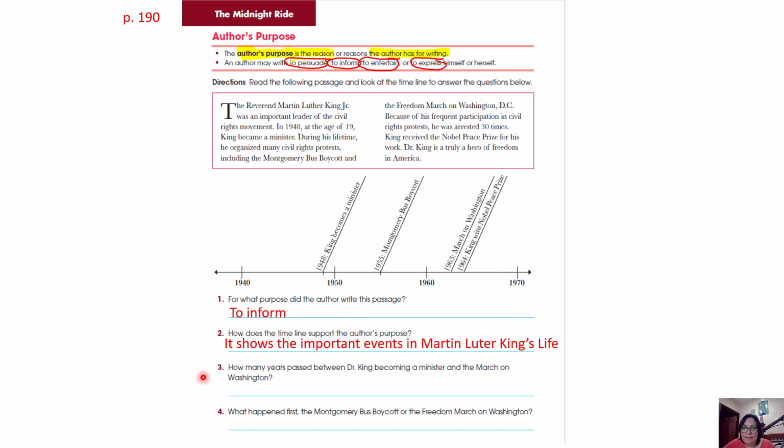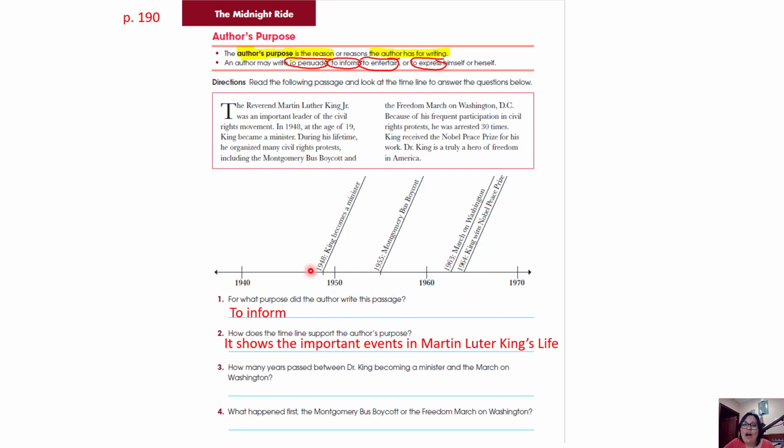Number 3, how many years passed between Dr. King becoming a minister and the March on Washington? Looking here, he became a minister in 1948. And when was the March on Washington? In 1963.